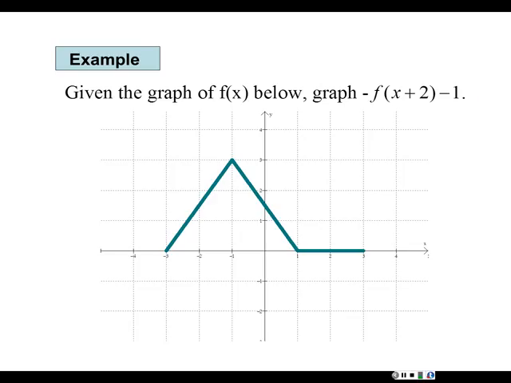There is a horizontal shift, and there is a reflection. If you want, please try and see whether you can draw the graph.